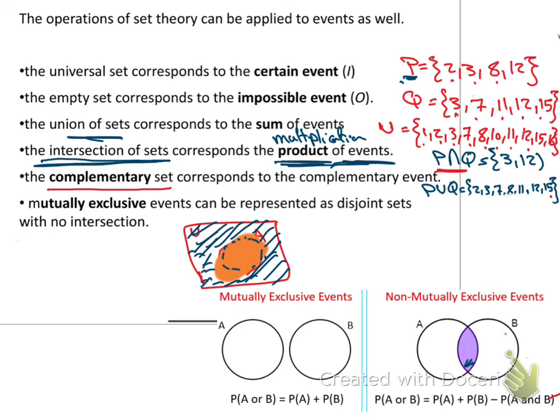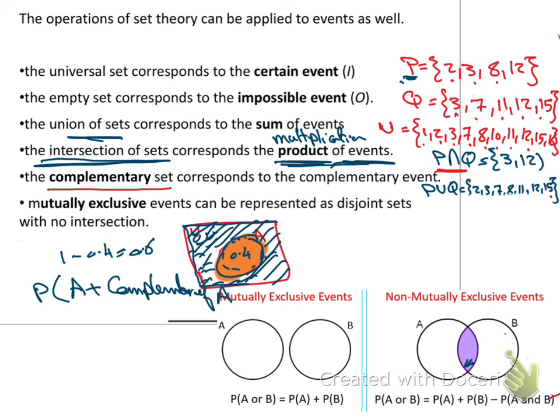So the total probability of anything is 1. The 100% is 1. So if this one is 0.4, what about the probability of the complementary? It will be 1 minus 0.4 equals 0.6. So the probability of A plus the complementary of A, which we write as A dash.